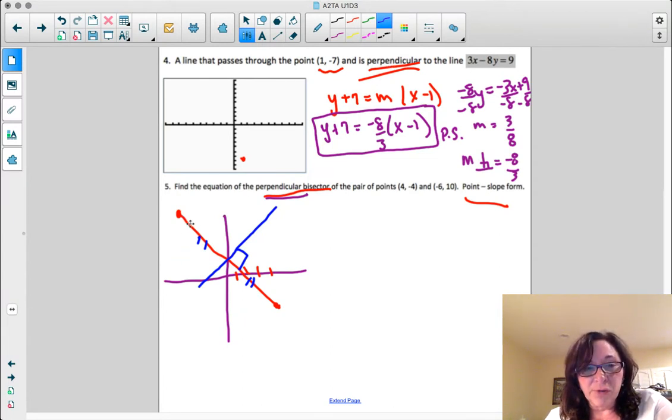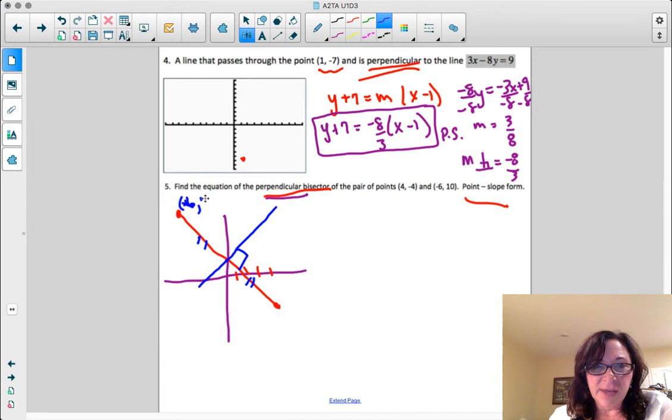But first, we need to find the midpoint, which is right here. In order to find this midpoint, I need to take my points, which are negative 6, 10, and 4, negative 4. And in order to find the midpoint, you add the x's up.